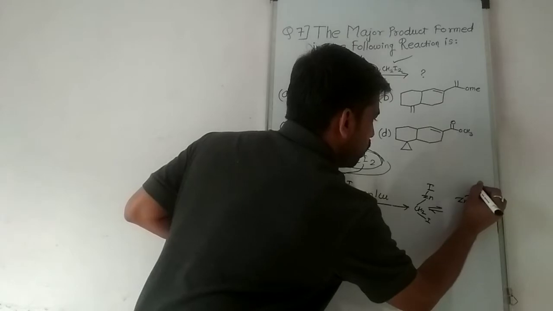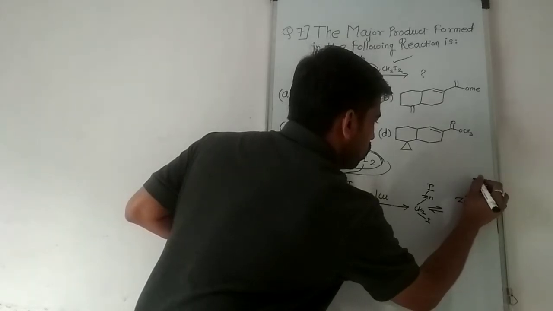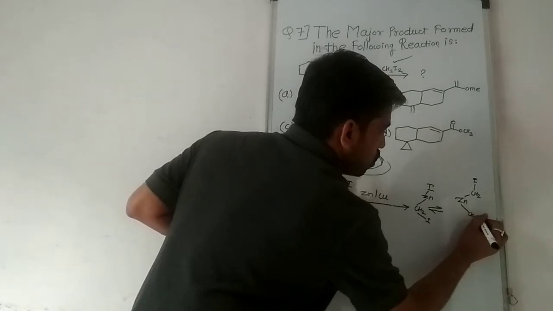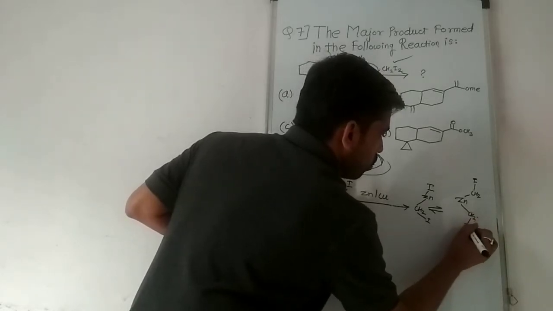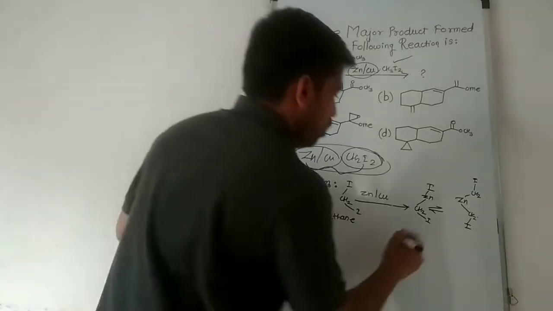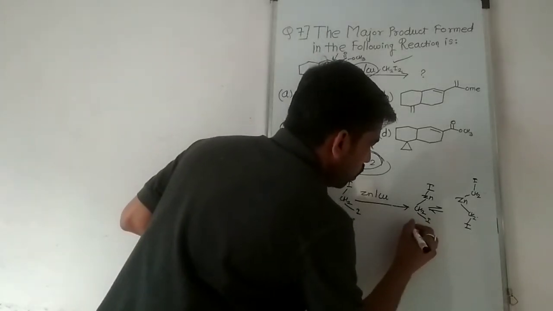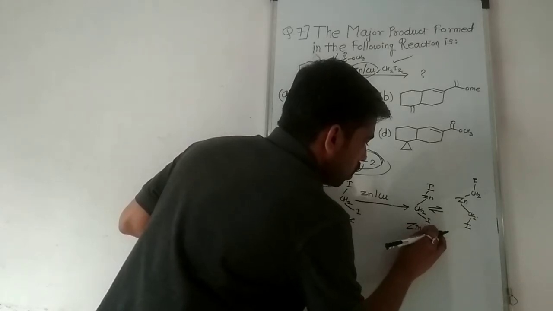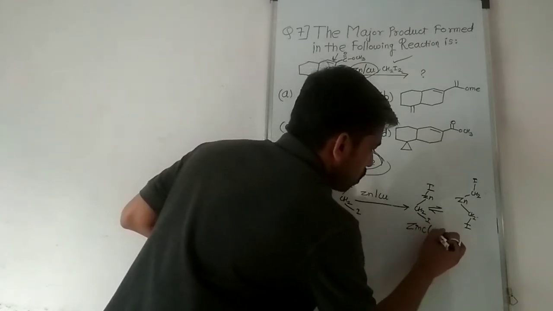Now write it like this, not in the plane. Then CH2I. This is in equilibrium. This carbenoid is called the zinc carbenoid. In the first step of the mechanism, there is the formation of the zinc carbenoid.